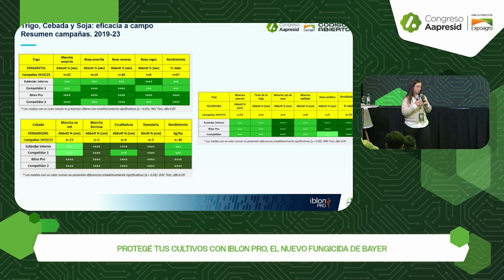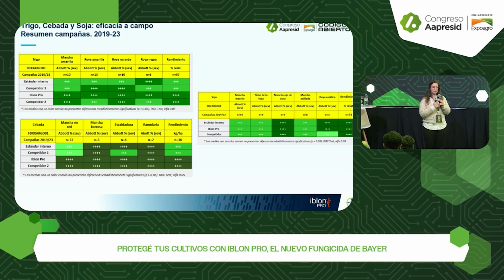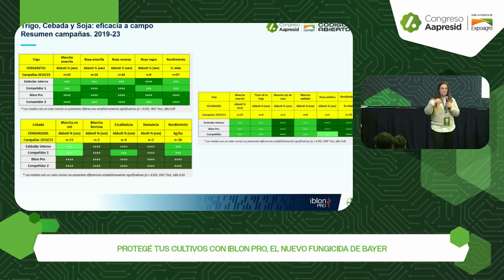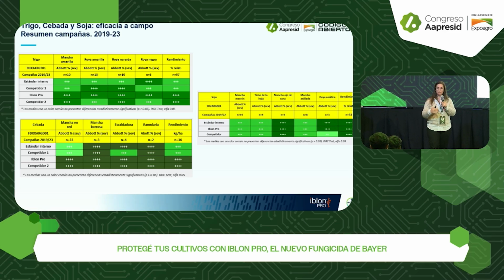I should also point out something that I said at the beginning. There are 2 modes of action and 3 action sites. Why 2 modes of action? Because trifloxystrobin and carboxamide will inhibit the fungi respiration. It acts at the beginning without allowing the fungi to get into the plant.